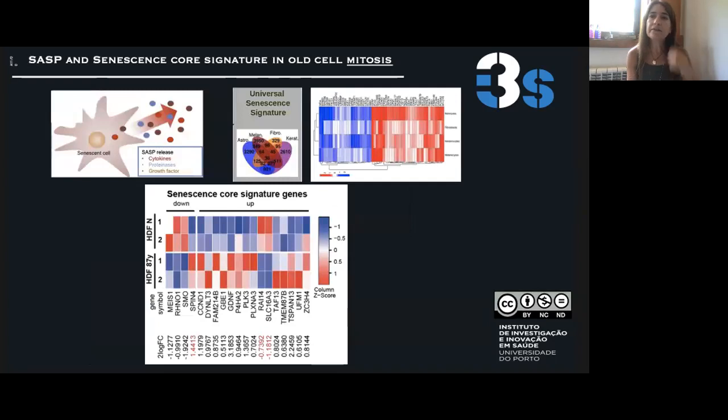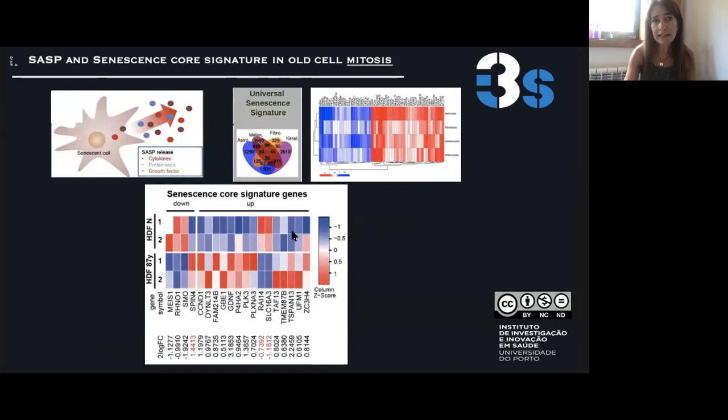Moreover, a comprehensive list of 55 genes that were identified as comprising the senescent core signature was interrogated in the RNA-seq dataset. Although the transcriptome of senescent cells is highly heterogeneous and depends on the cell type and the senescent stimulus, there are 55 genes that were identified as altered in different types of senescent cells in response to different stimuli, and some are downregulated, whereas others are upregulated.